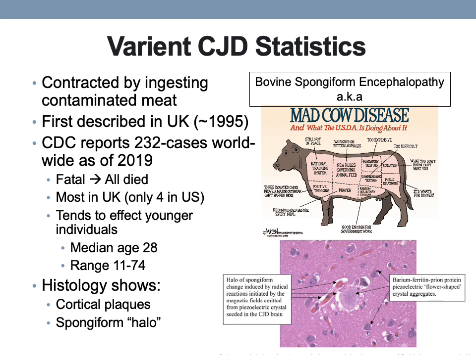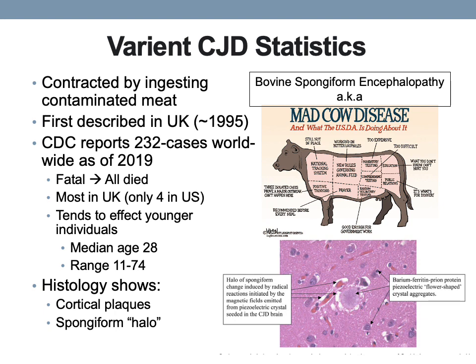Again, it's fatal. Everyone who has contracted this has died. Most of the cases are in the UK and only 4 in the US, and those 4 did have connections with the UK where they might have traveled there. It tends to affect younger individuals. The median age is 28, and the range is between 11 to age 74.